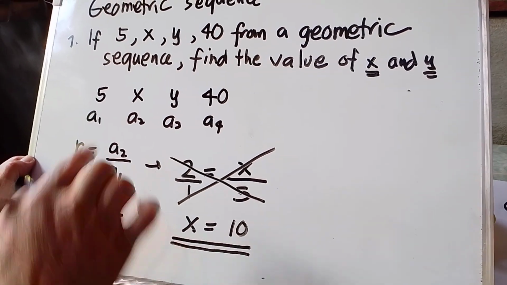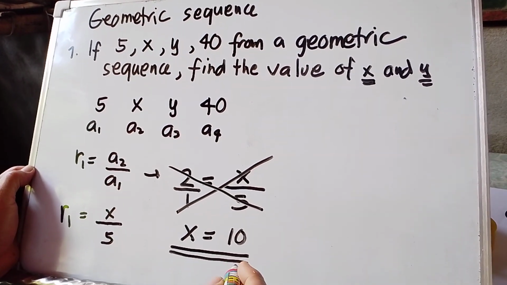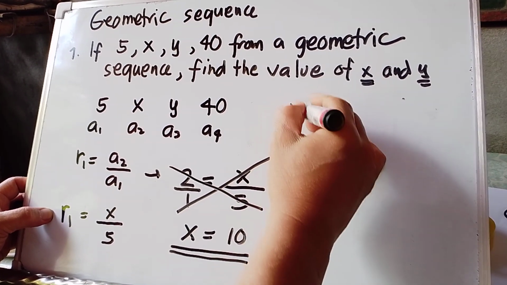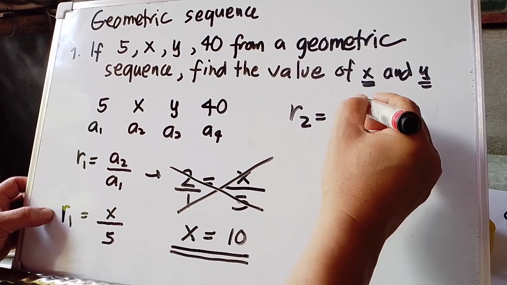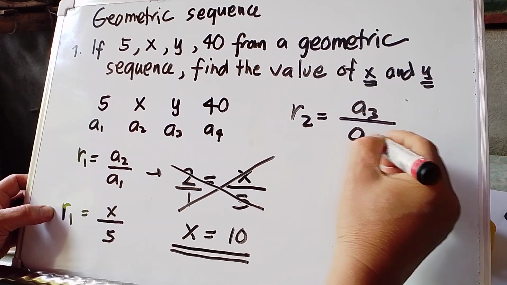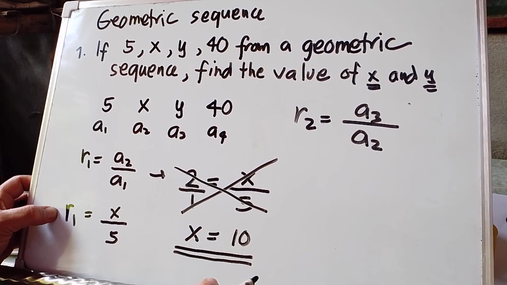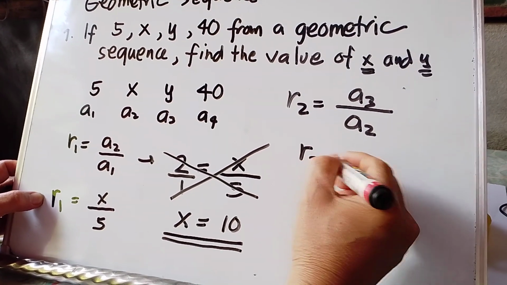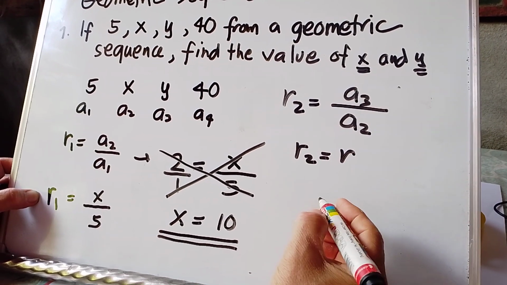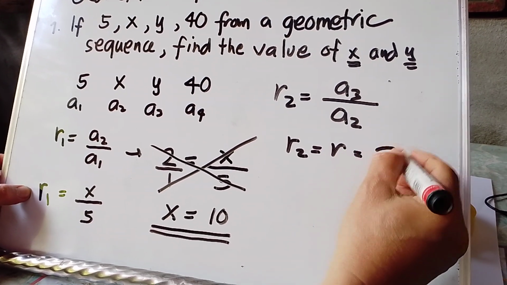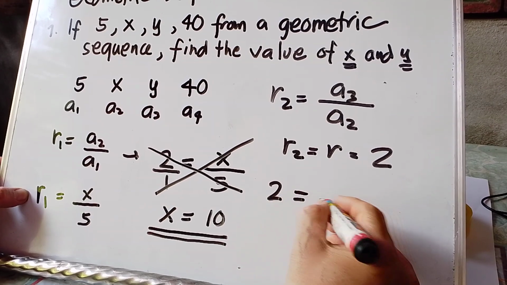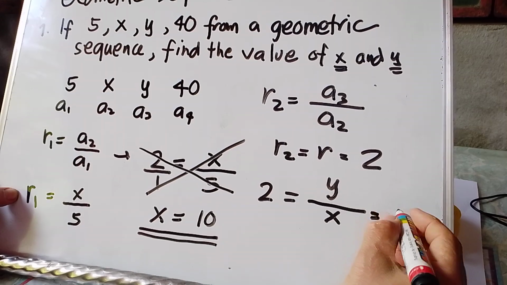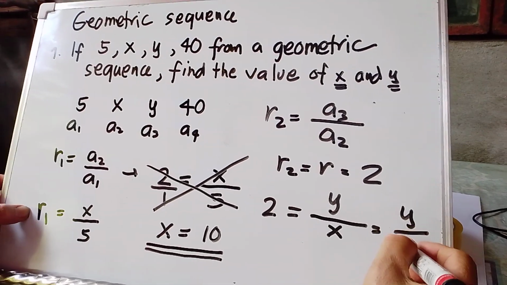How about the second unknown? I have r2 is equal to a3 over a2. Take note that r2 is equal to r. So r is equal to 2. So 2 is equal to, what is a3? y. y over x. And we know that x is equal to 10.